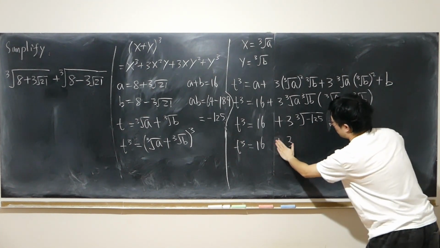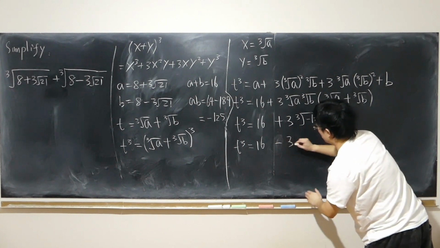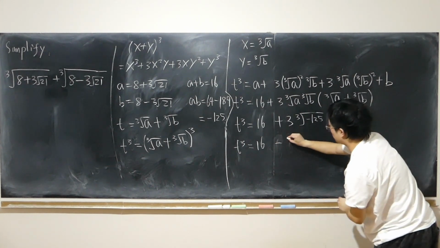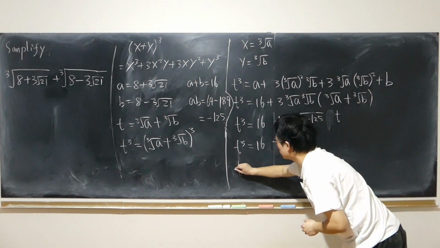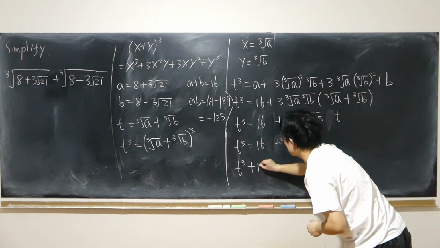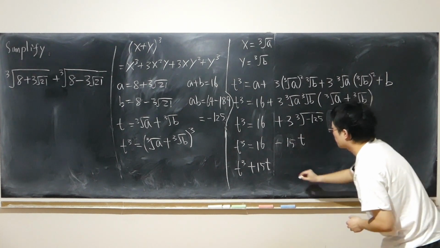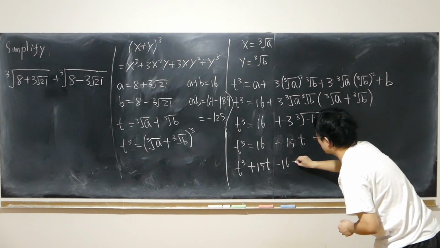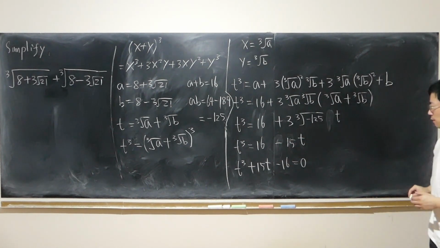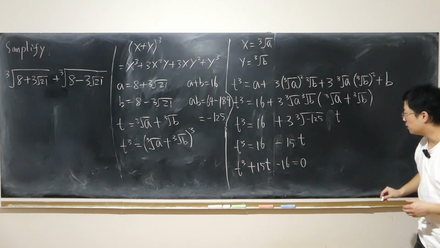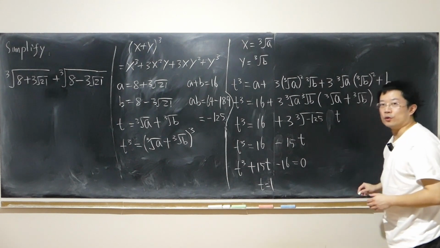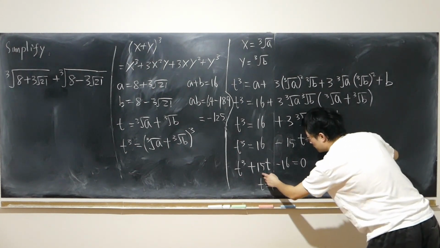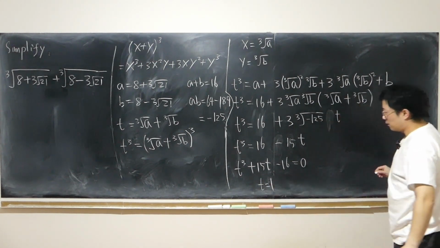So minus 3 times 5, 15, t. So t cubed plus 15t minus 16 equals 0. And of course, if t is equal to 1, then we're good, right? 1 plus 15 minus 16, yes. This is a solution.